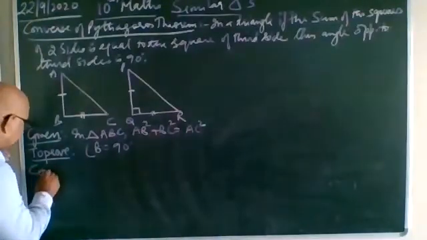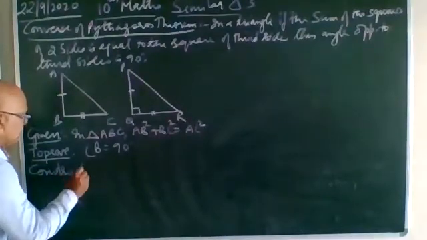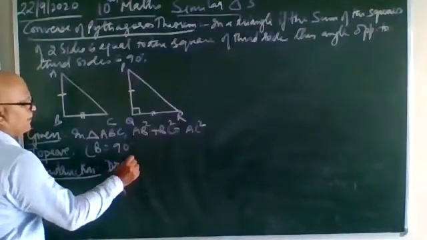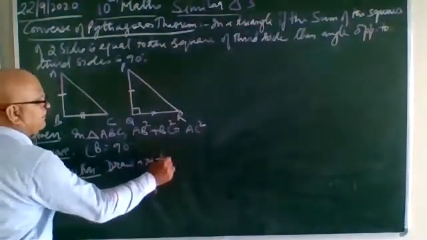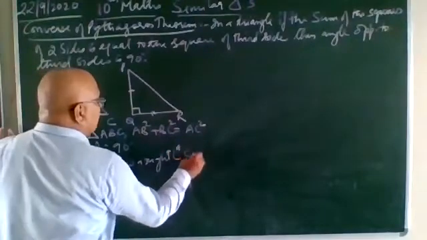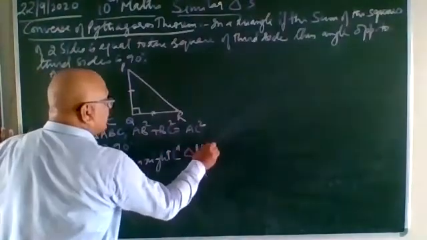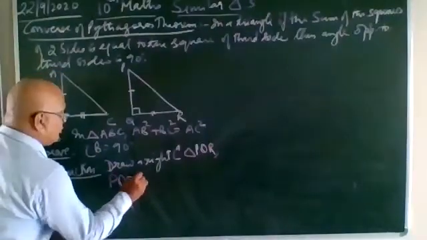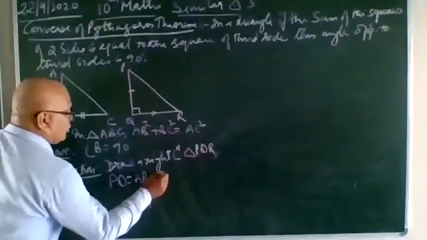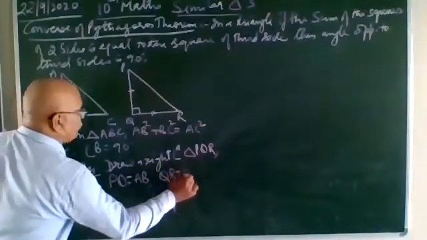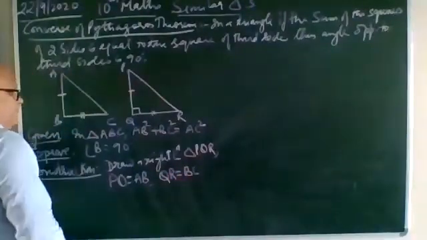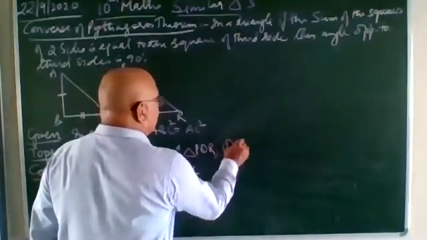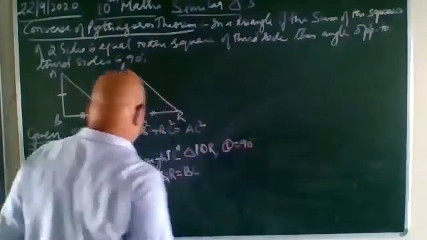Now construction. Draw a right angle triangle PQR, PQ equal to AB, QR equal to BC. Draw right angle triangle PQR, angle Q 90 degree.